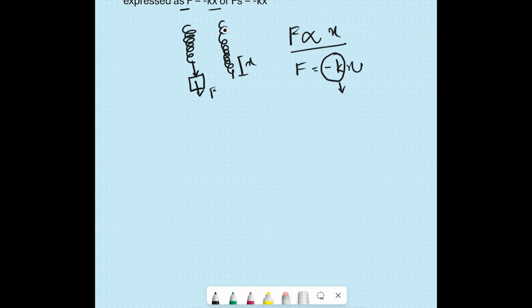And of course, from Hooke's law, we could write down Young's modulus is equal to stress over strain, right? So what is exactly stress?